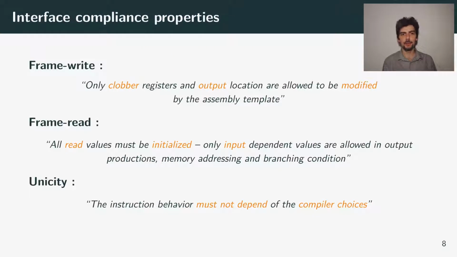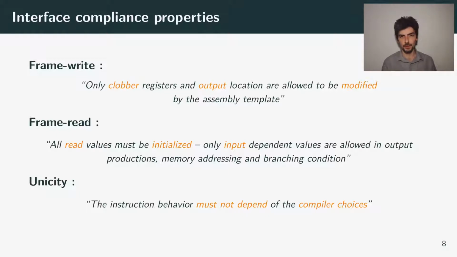Thanks to this formalism, we identify two general conditions that are required to ensure the correct compilation of the assembly chunk. The first one, the framing condition, is split into frame read and frame write. We think intuitively of this condition as a read and write permission of the assembly.